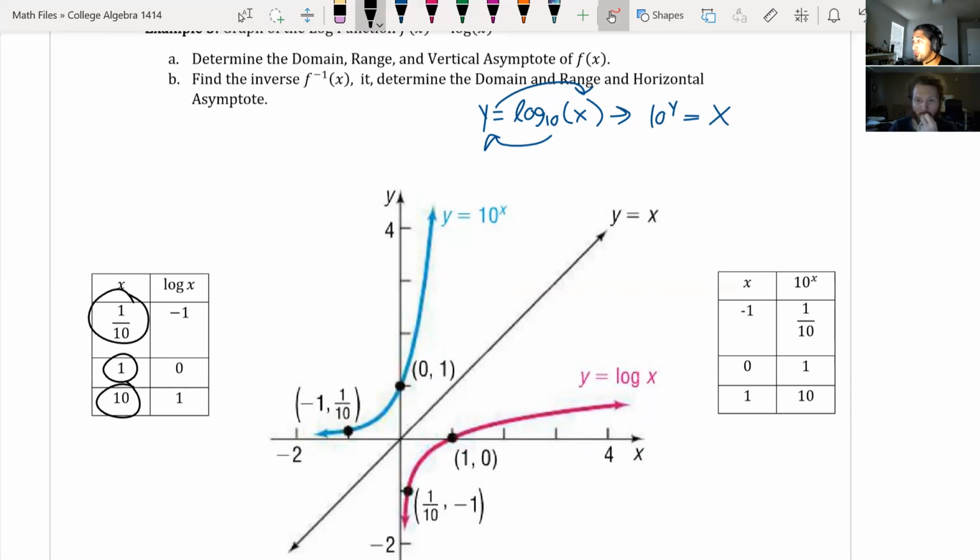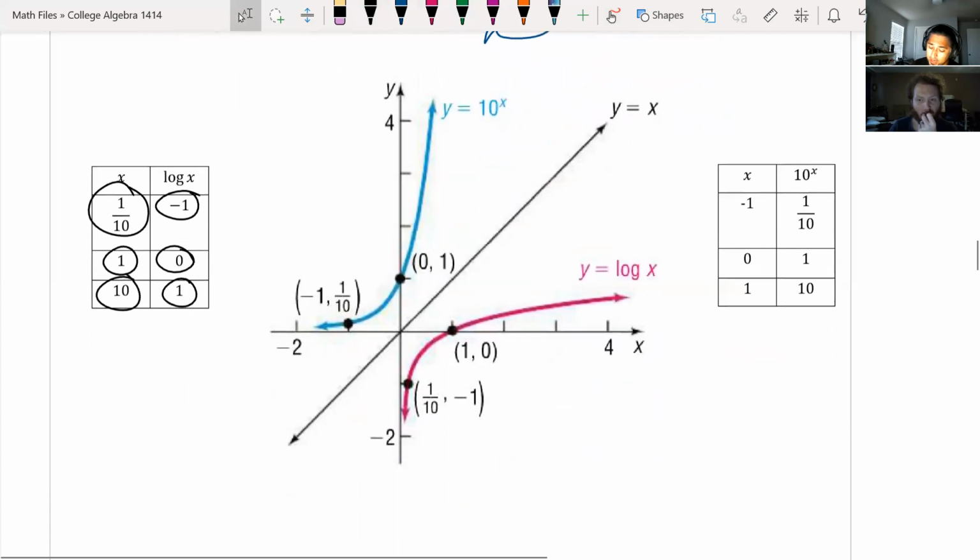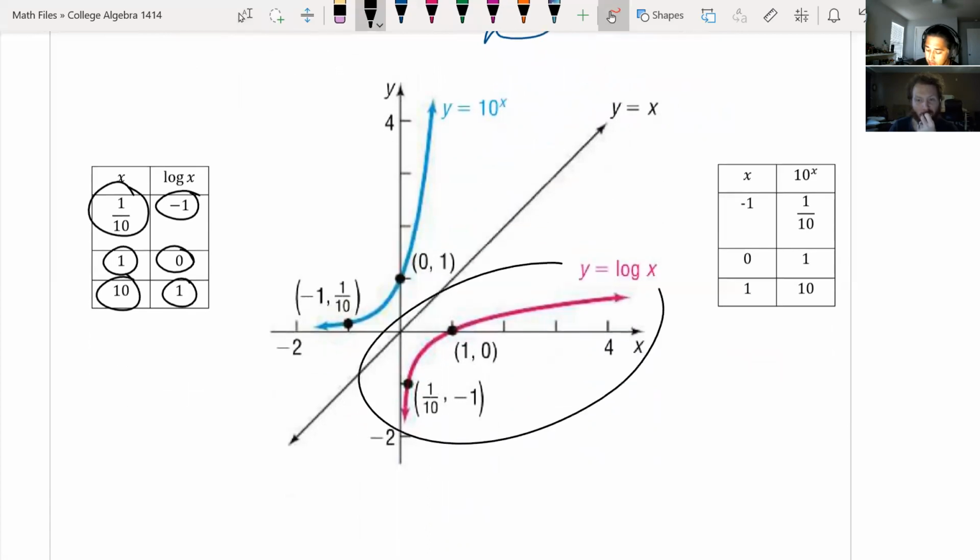The log of 1/10 gives me -1. The log of 1 is 0, and the log of 10 is 1. This is graphed by the red line here. So you see you have the points (1/10, -1) and (1, 0), and if this graph was big enough, you'd have the point (10, 1). So here is what our log function looks like.